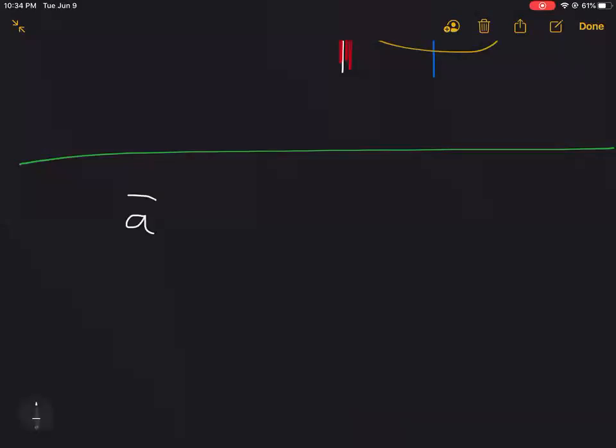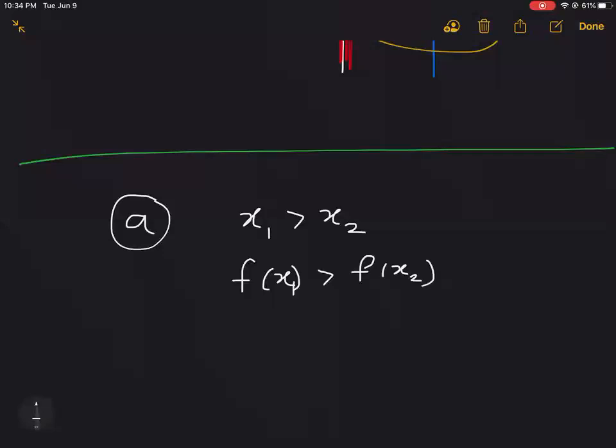So if you are increasing your value, that means if your x2 is greater than x1, then if you are getting the functional value bigger than the previous one, or I think I said the other way, I'm sorry.